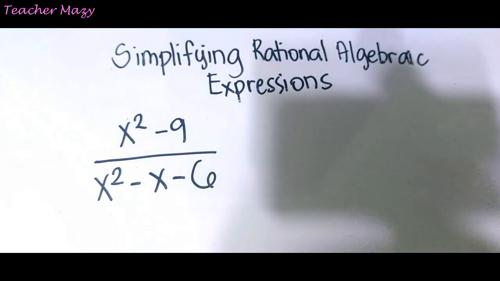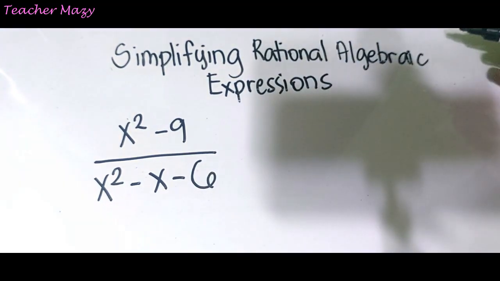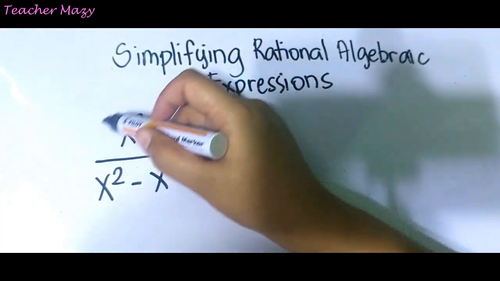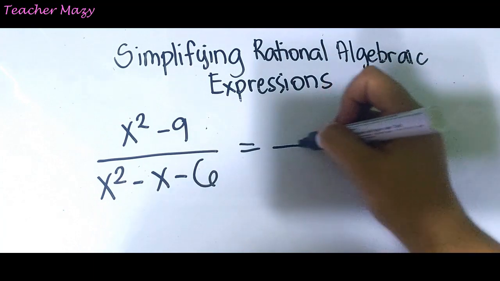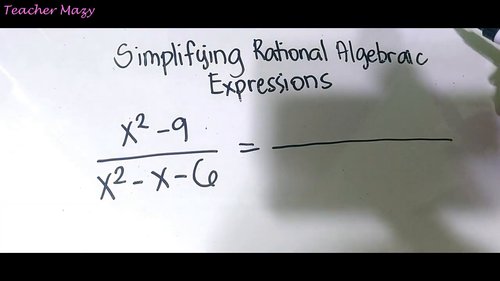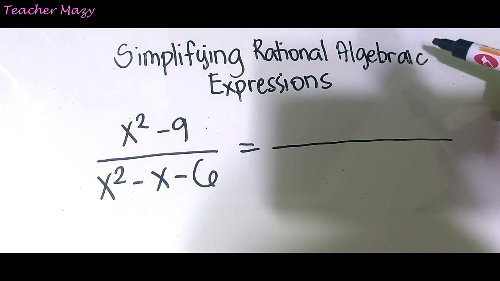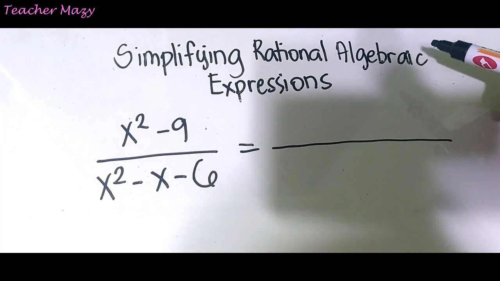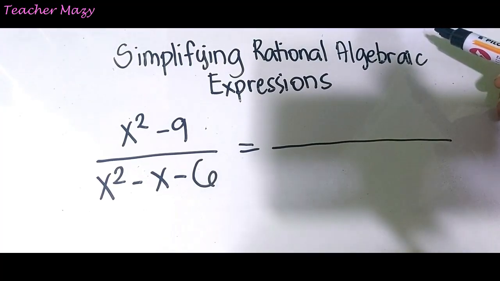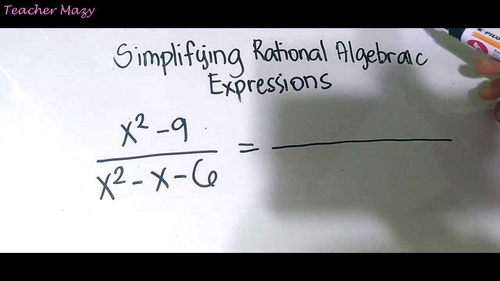So how do we simplify this given rational algebraic expression? First, we can factor this one using the different methods in factoring. Specifically, how to factor the perfect square. The sum and difference of the perfect square, we can use that method here.